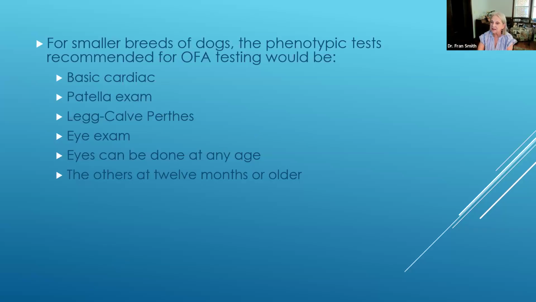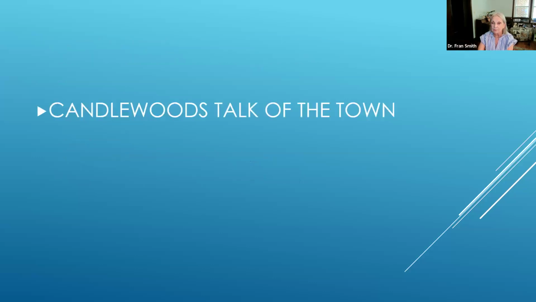That's a disease that involves the pelvis. It requires a radiograph, and an eye exam. Just so you know, eye exams can be done at any age for OFA testing. The others are 12 months or older.